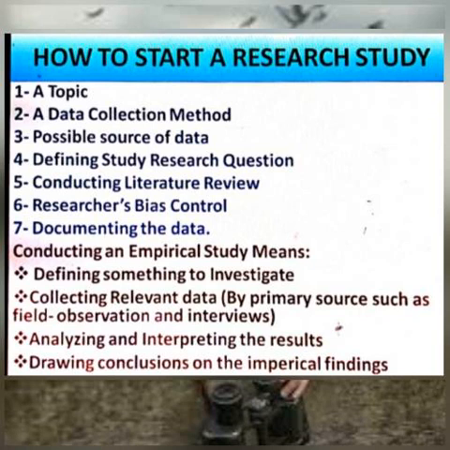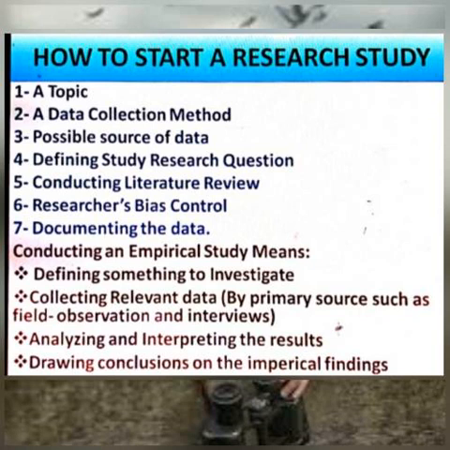These have some steps. So these are defining something to investigate, like defining the topic, then collecting the relevant data by the primary sources first, and then by the secondary sources. Primary sources contain the field observations and the interviews, and secondary sources contain the internet or previously written articles or theses.